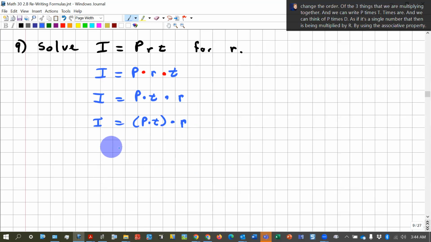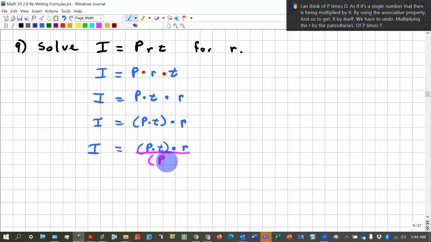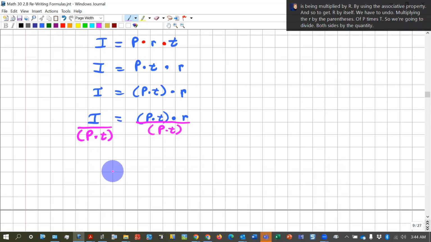And so to get r by itself, we have to undo multiplying the r by the parentheses of p times t. So we're going to divide both sides by the quantity p times t.